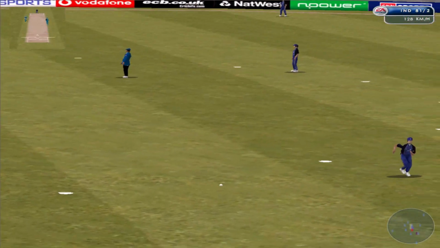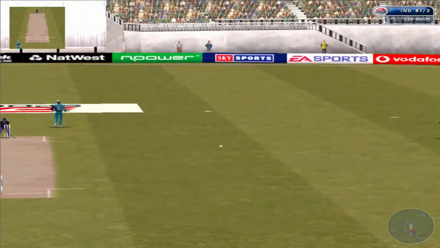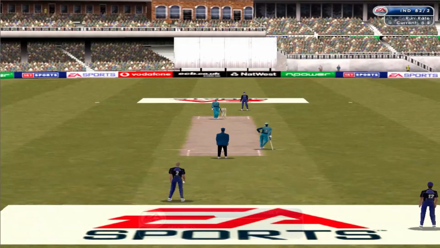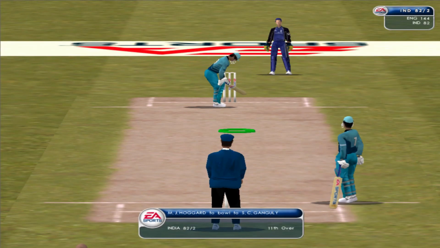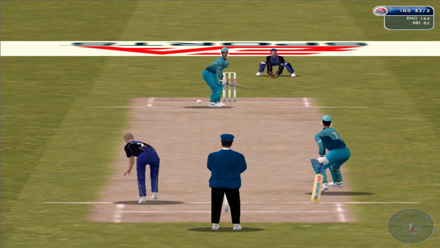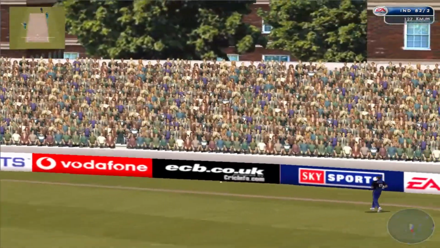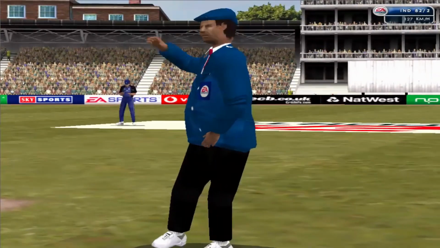Played into the gap. That's racing away to the fence. That takes him into double figures.